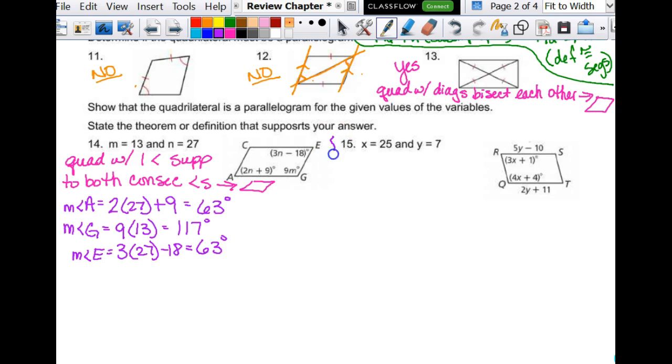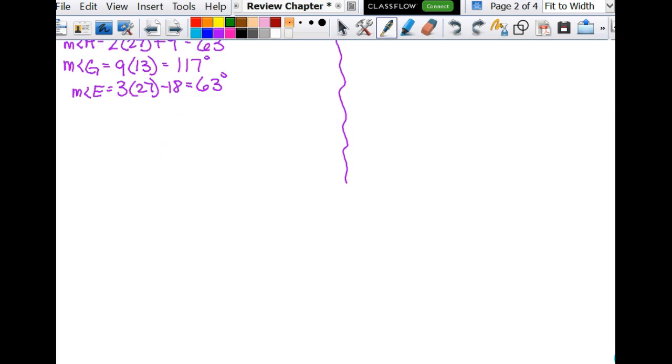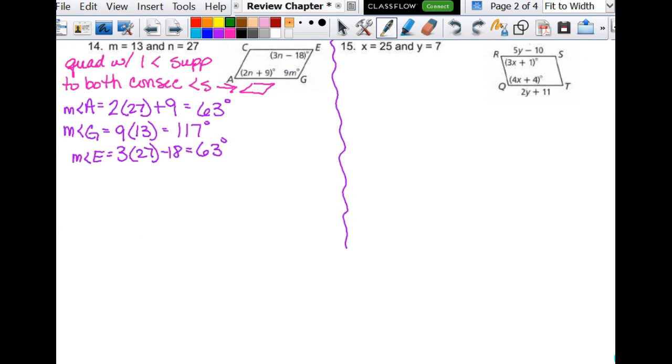So what I can say here, I know you don't have as much room underneath as I do, but I'm going to write it out here so you can at least read what I'm writing. I know that the measure of angle G plus the measure of angle A equals 117 plus 63, which is 180 degrees.